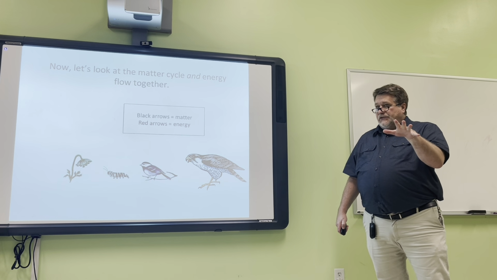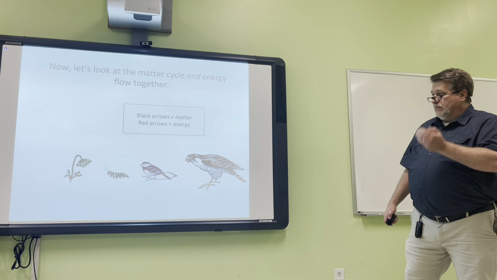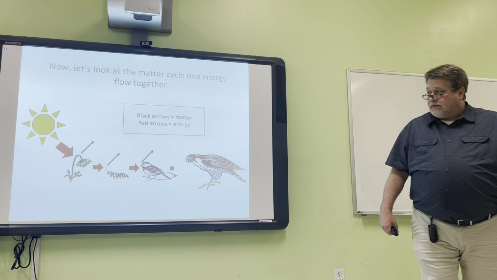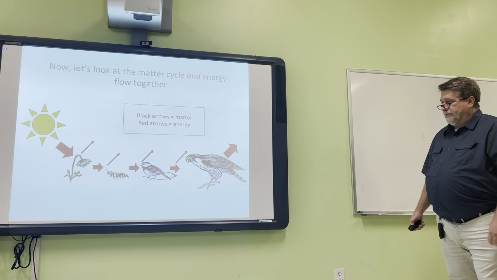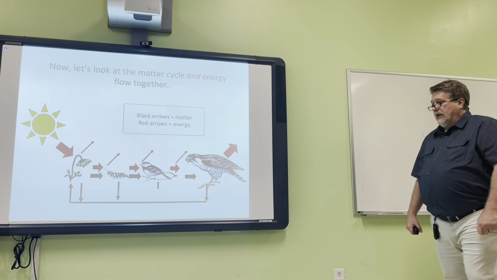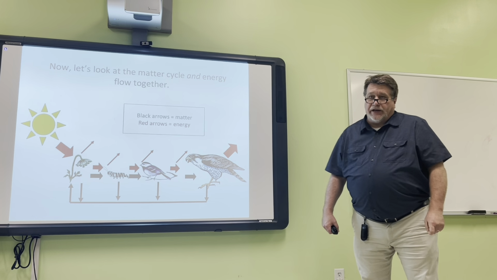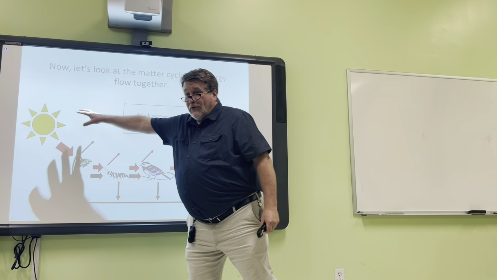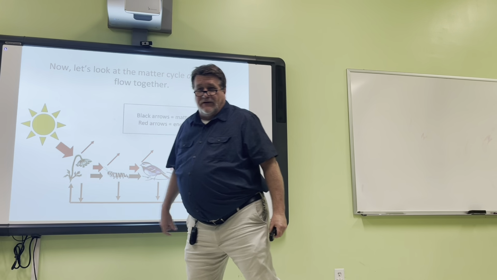So when you combine these two, the flow of matter and the flow of energy, you can see how the fates are different in these systems. Again, the matter is the black arrows and the energy is the red arrows. As long as this keeps going, the system will be just fine.